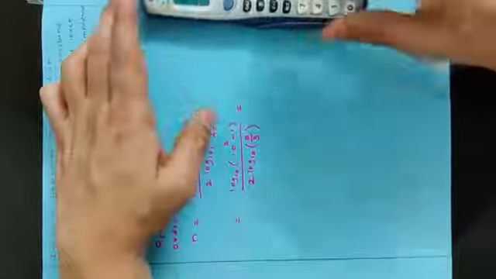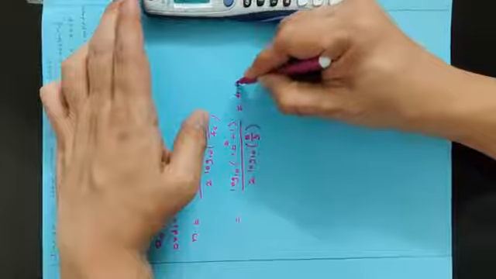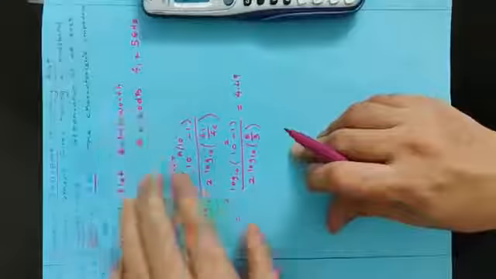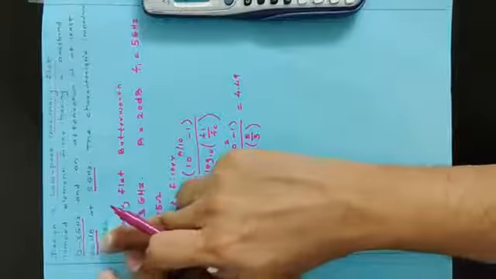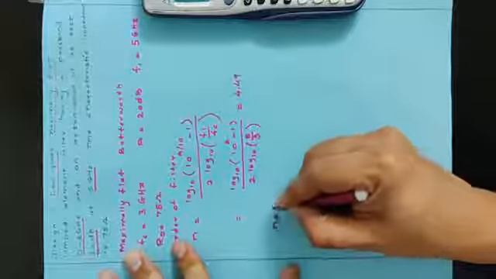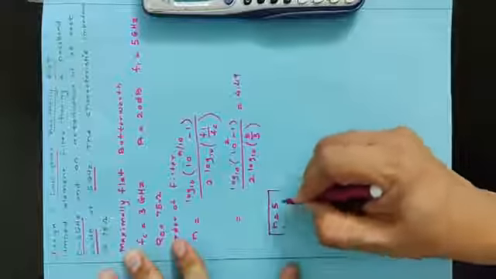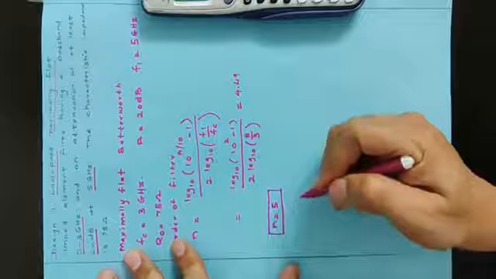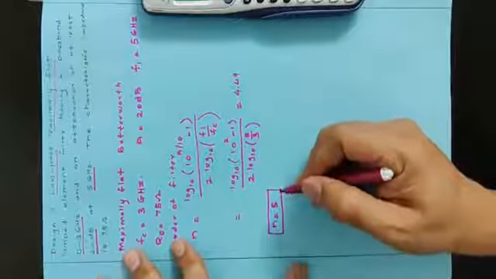So n turns out to be 4.49. But we want more than 20 dB attenuation, so we'll make n equal to 5. So we have determined the order of the filter, and n is equal to 5.